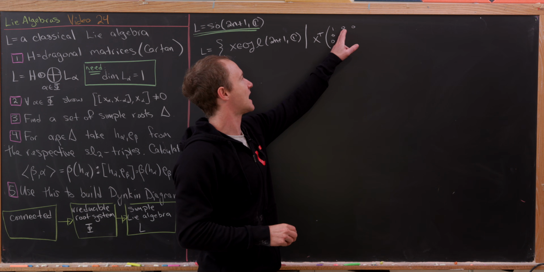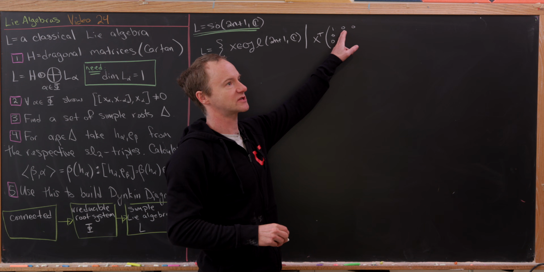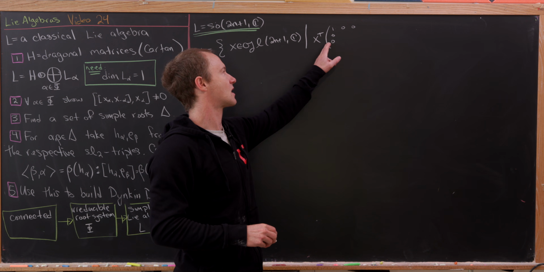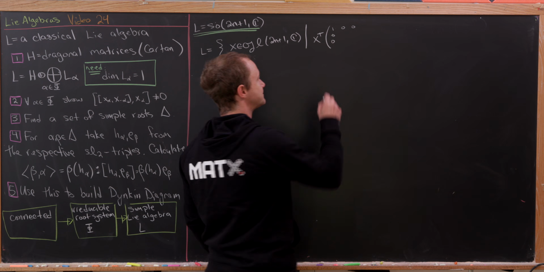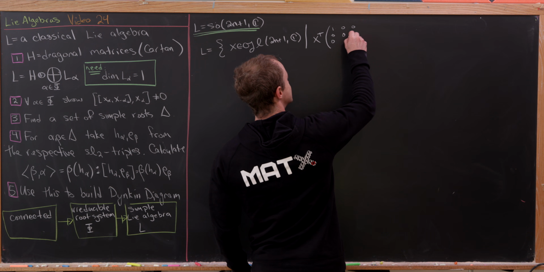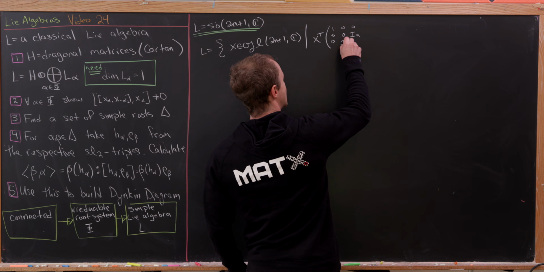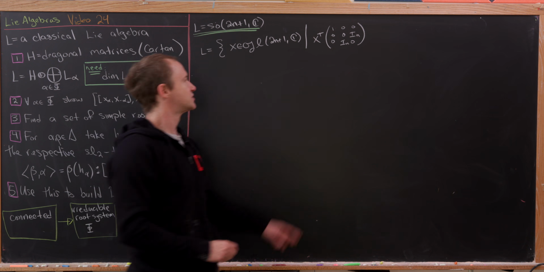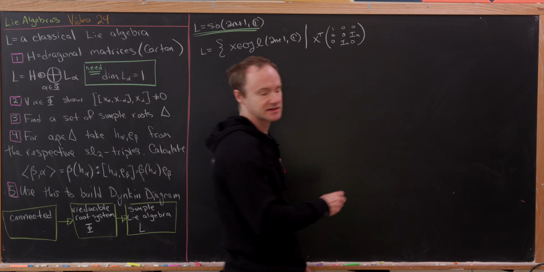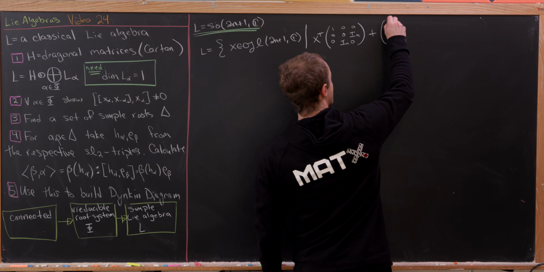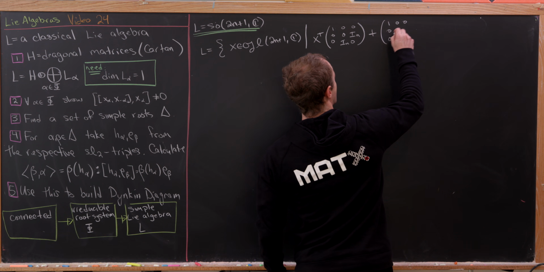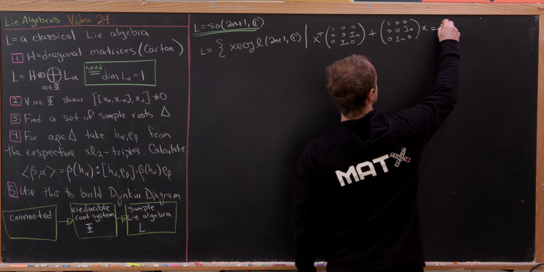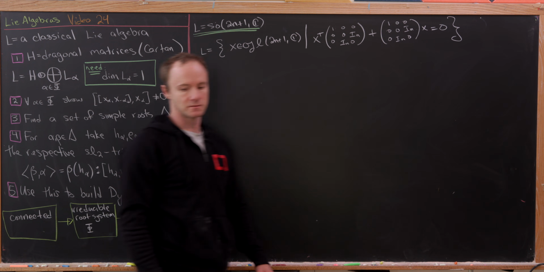And then we've got an n-dimensional row vector, 0 here, an n-dimensional row vector here, n-dimensional column vectors, and then a 0 matrix and the n-size identity matrix there. Okay, so X transpose times that, plus that whole matrix again times X, must be equal to 0.